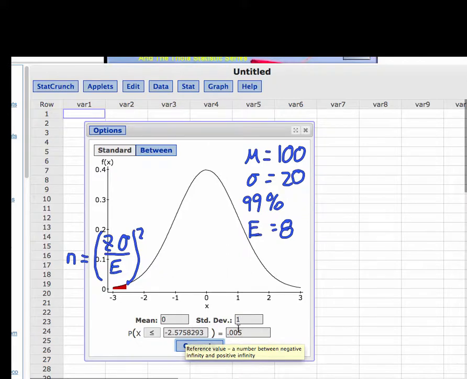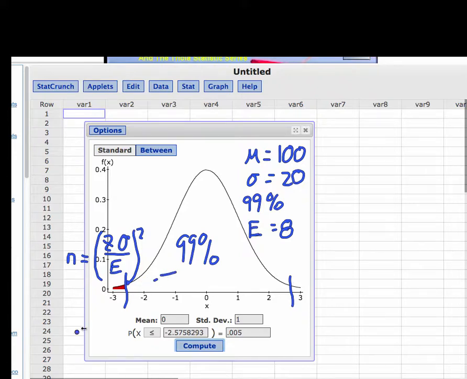Now, why did we do 0.005? Well, if we have a 99% confidence interval, then what we are looking for is that Z value so that we would have in between these Z values 99% of the distribution.